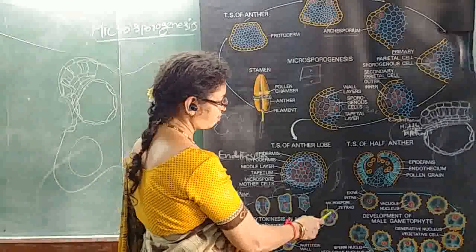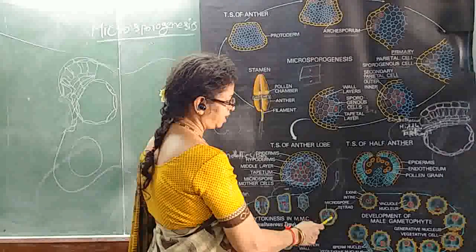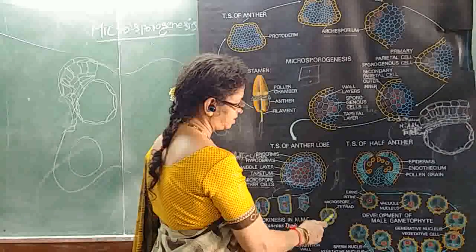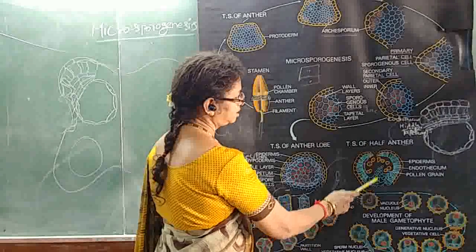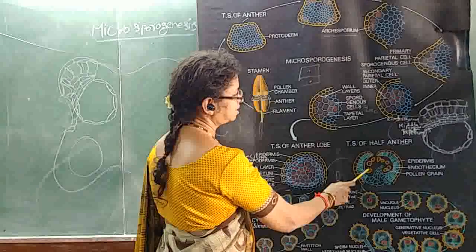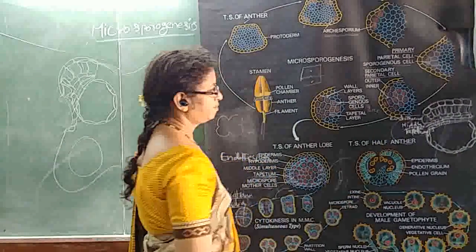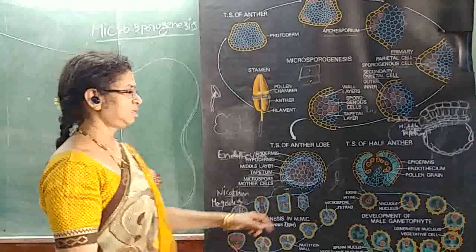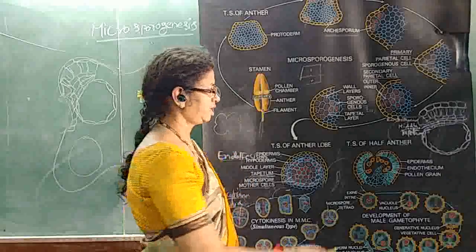So the four pollen grains are initially attached like this, and later they separate from the tetrad and are released like this. Later these pollen grains present in the locule are liberated out from the stomium, that means by the shrinkage of the endothecium layer.